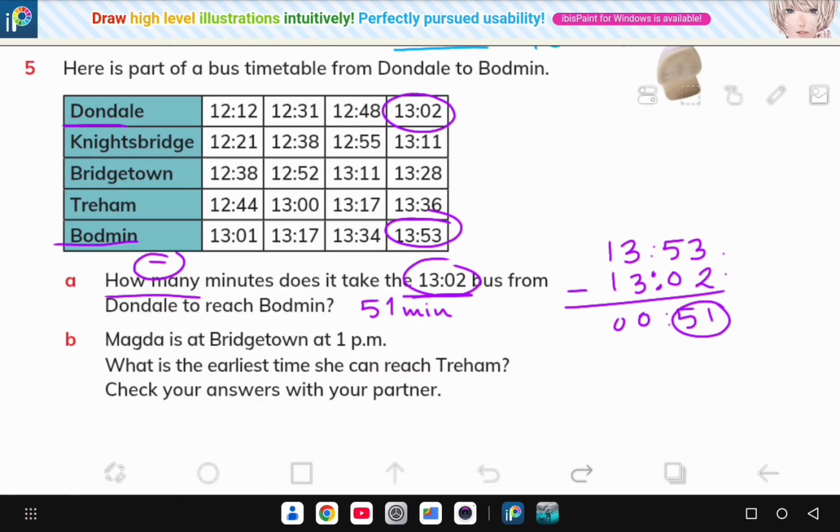B. Majda is at Bridgetown. Where is Bridgetown? Here it is. At 1 p.m. When is 1? It's not 12, it's 13. What is the earliest time she can reach Treham? Check your answer with a partner. We don't want that because we don't have a partner now. When is the earliest time?